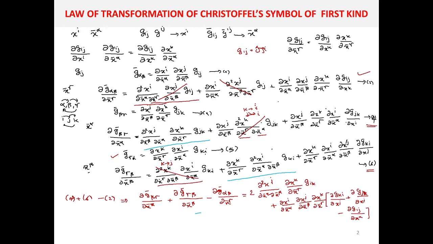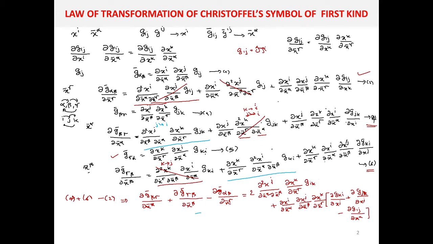So if you replace j with i in this particular equation, these two terms are the same, that is dou square xi by dou x bar alpha beta. So you can add these two similar terms, so it becomes 2 times dou square xi by dou x bar alpha beta, dou xk by dou x bar gamma, into g ik or ki, both are the same since it is a symmetric tensor.